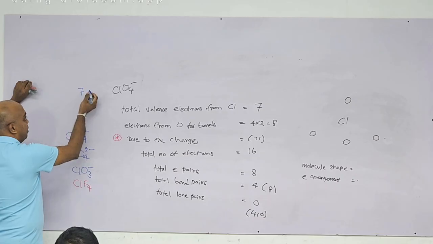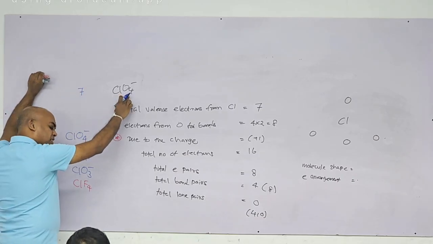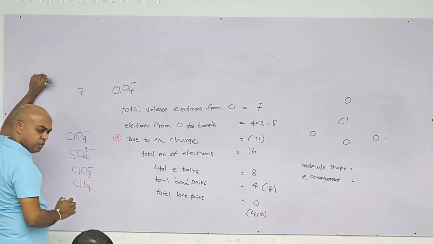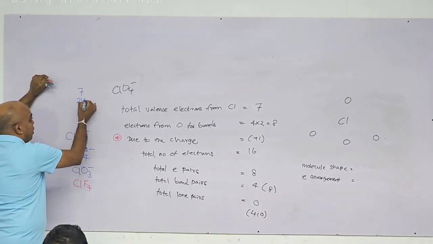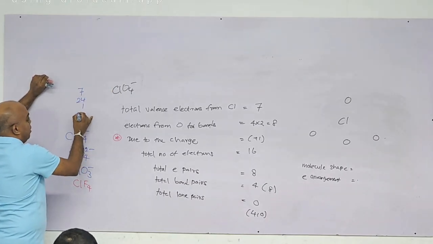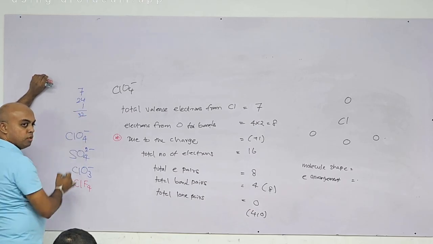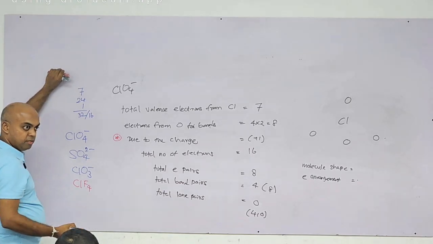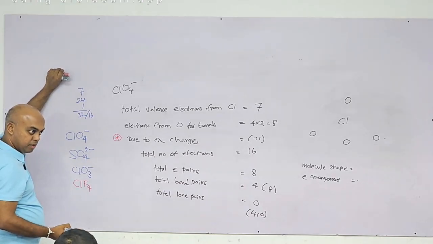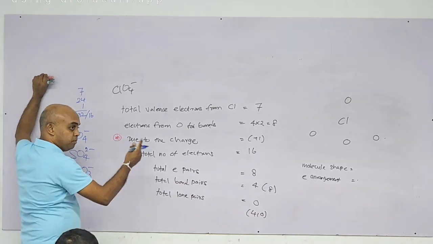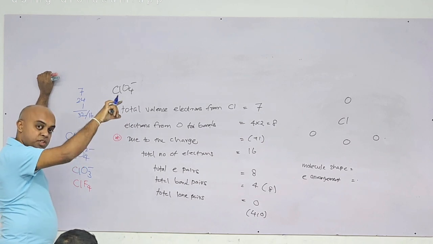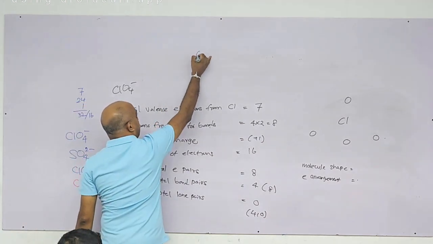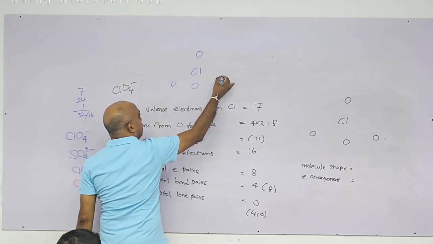Chlorine 7, oxygen 6, right? Oxygen 6, 6 into 4, 24. Minus 1, that is plus 1. So altogether 32. Then 16. This is what we have to place now. Because of this we have done the Lewis structures earlier. So chlorine, oxygen, and oxygen.